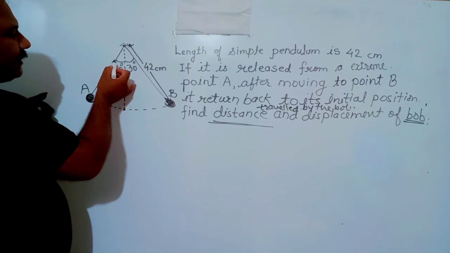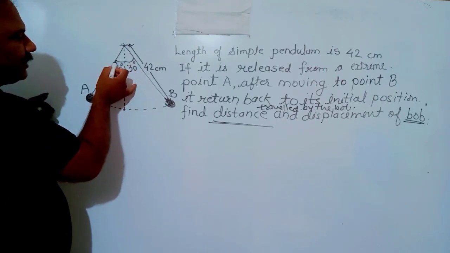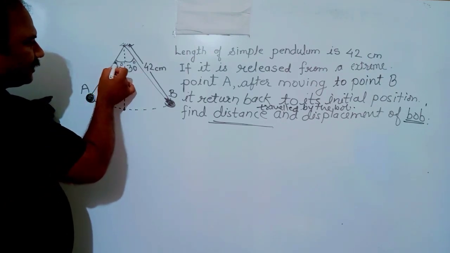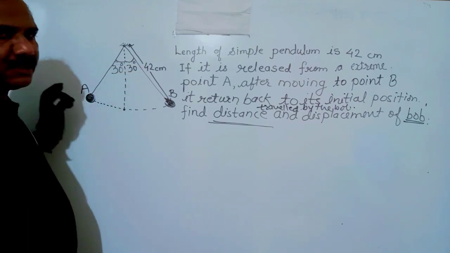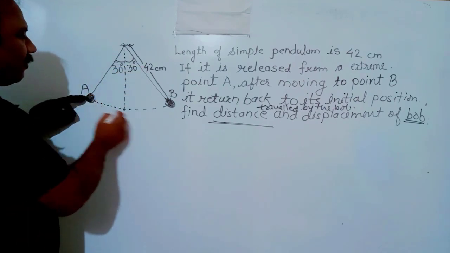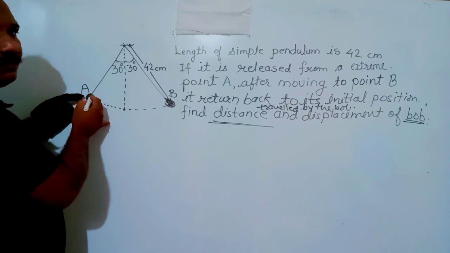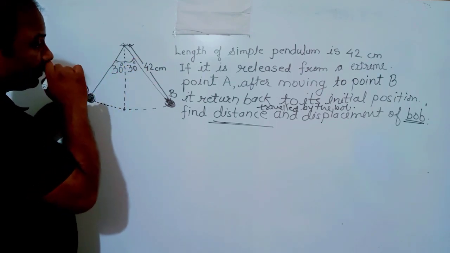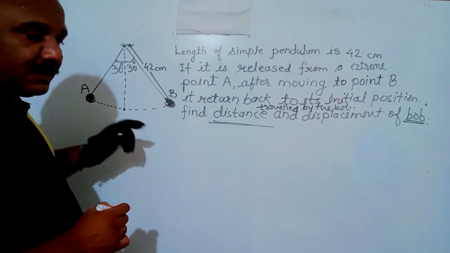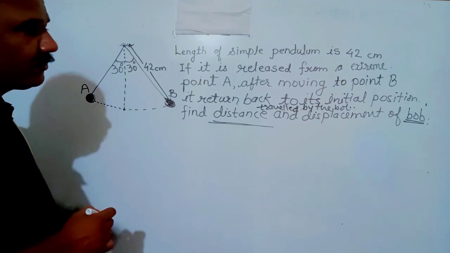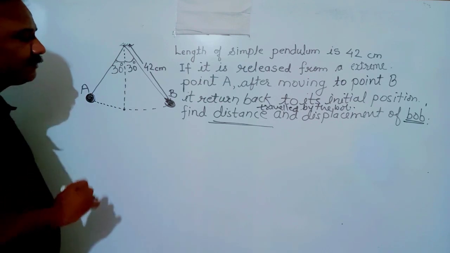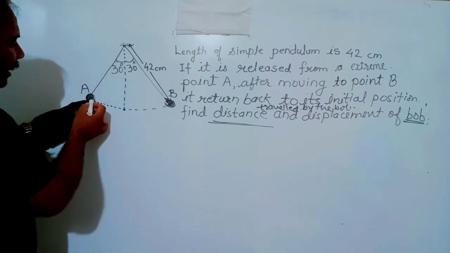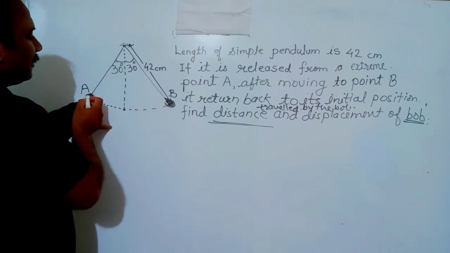Now as per given in this figure, this is 30 plus 30, means this angle is 60 degree. So this bob returned back to its original position, means 60 plus 60, total angular displacement is 120 degree. Okay. So this is the path traveled by the bob.